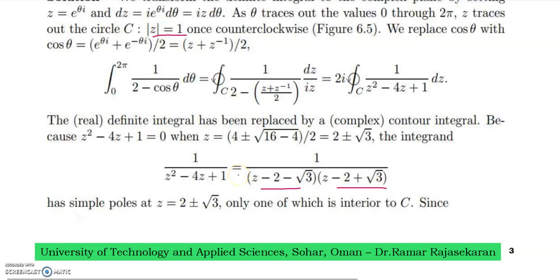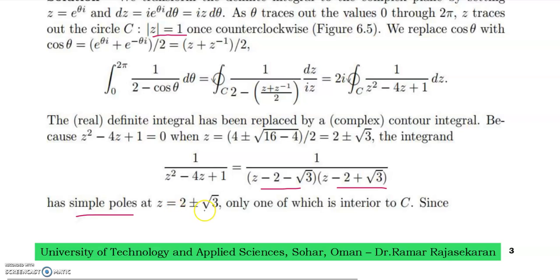So now we can say that z equal to 2 plus or minus root 3 are simple poles. Why? Because here the degree is 1, here the degree is 1, so 2 plus root 3 is one pole, 2 minus root 3 is another pole. Both are simple poles, or we can say poles of order 1.